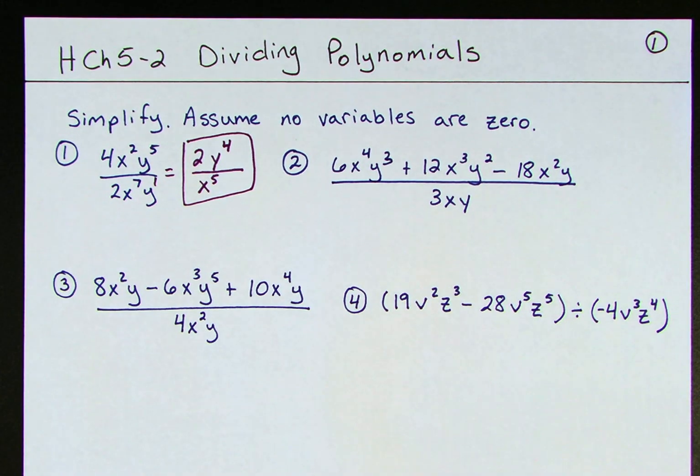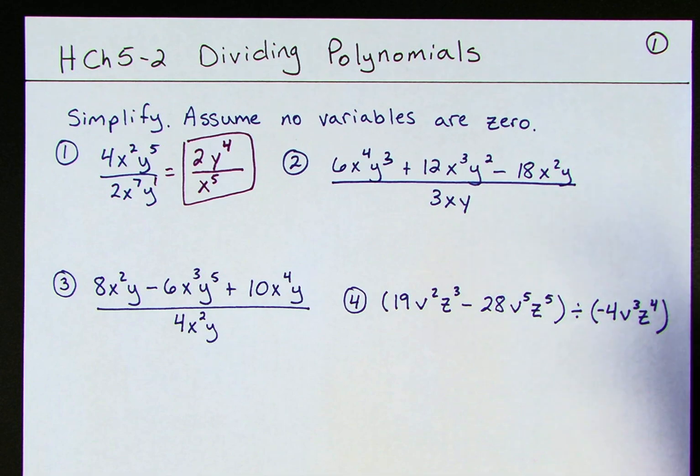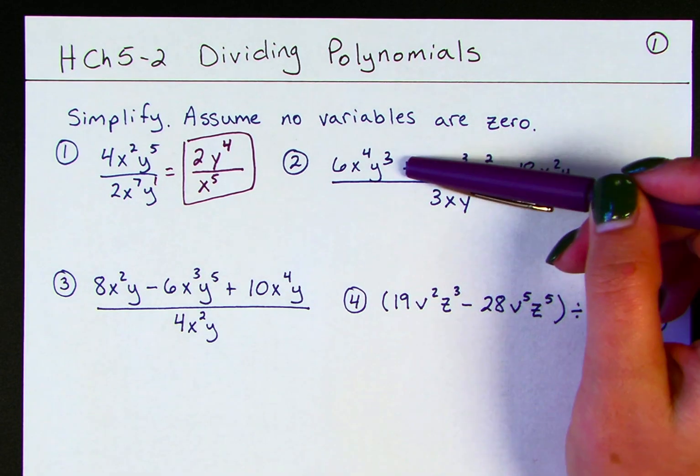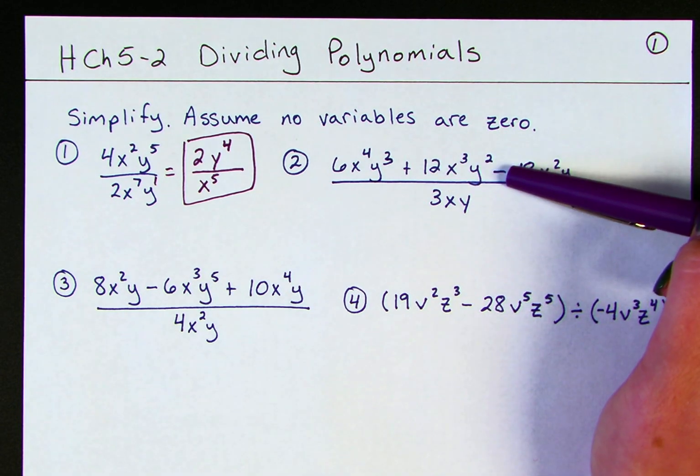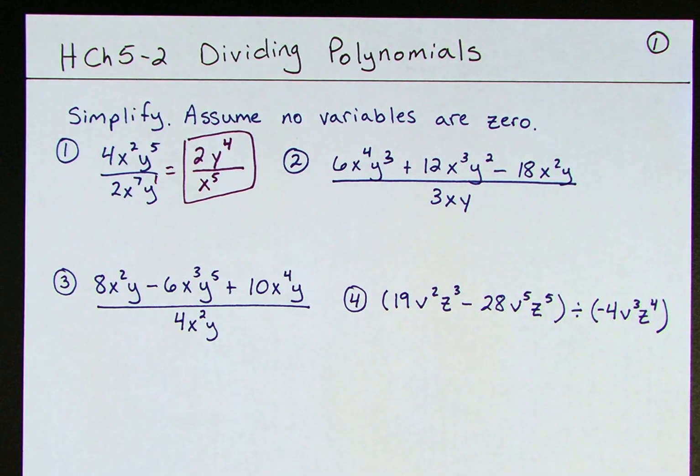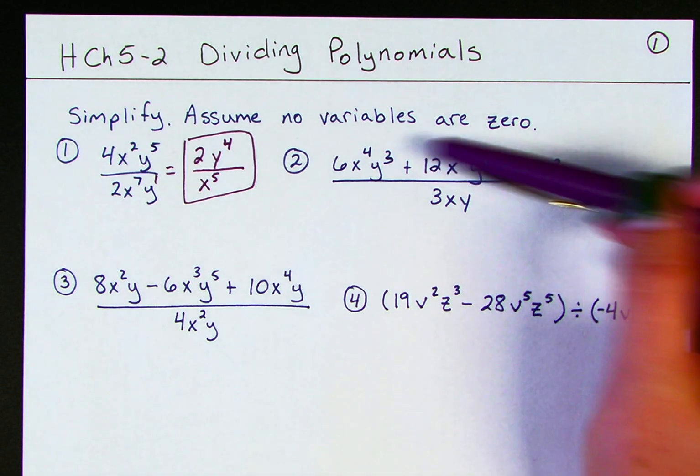Okay. All right. Now as we look at the next problem, remember when we have a big fraction like this where we have addition and subtraction involved, if we're going to simplify the fraction as a whole, we have to divide the same thing out of every single term. And remember, terms are separated by that plus and minus sign.